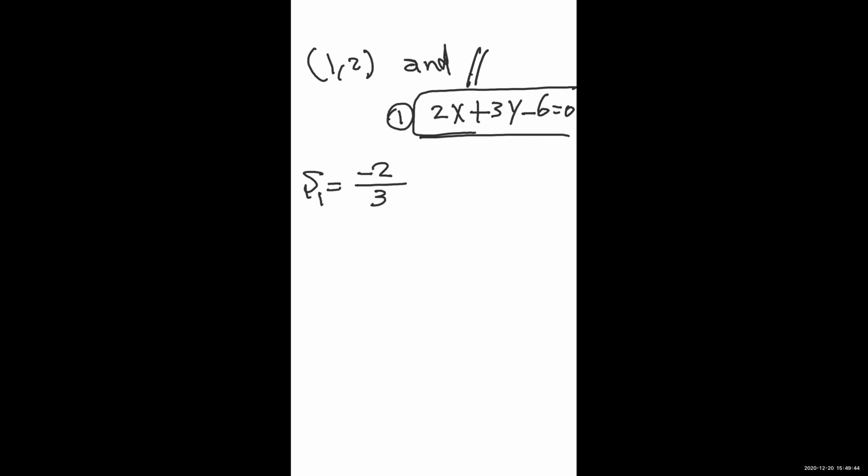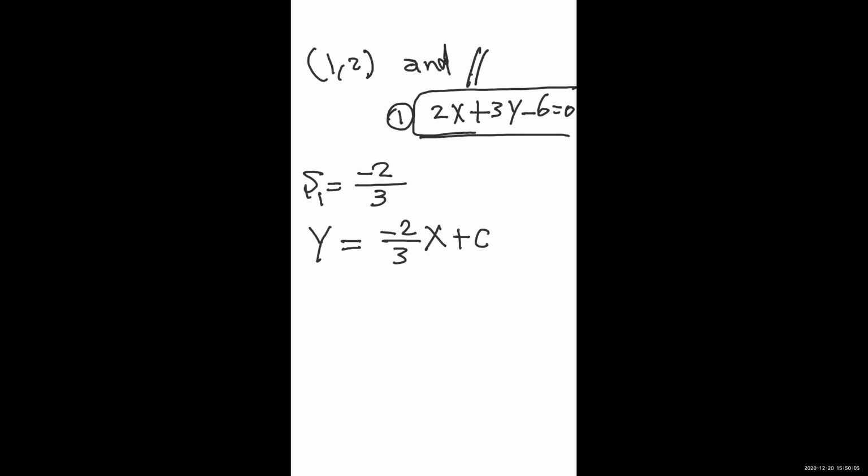So the slope is -2 over 3. Now the equation will be y equals mx plus c, so y equals -2 over 3 x plus c. Are we clear till now?